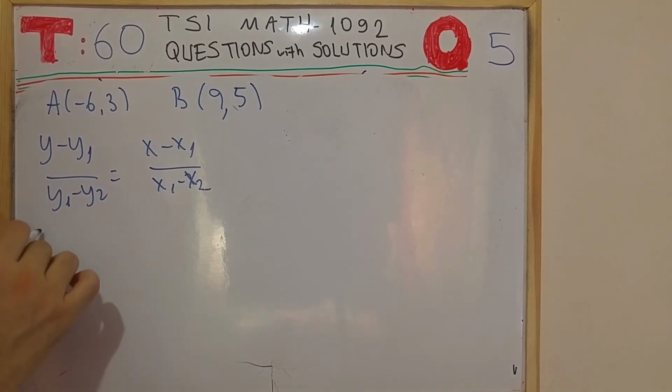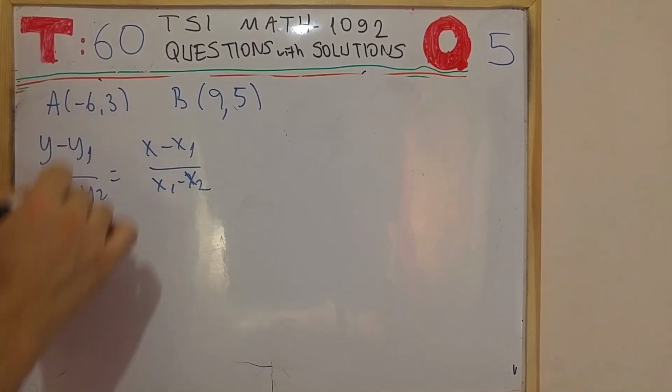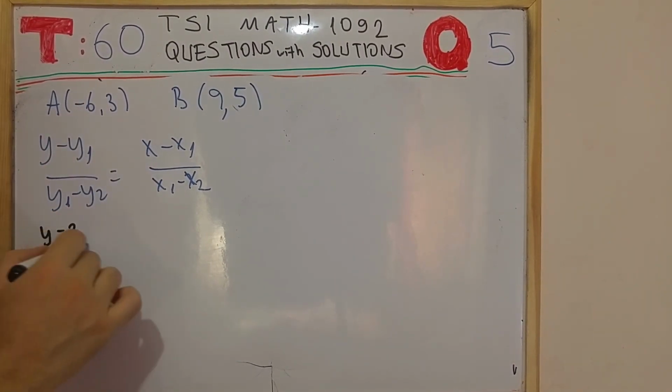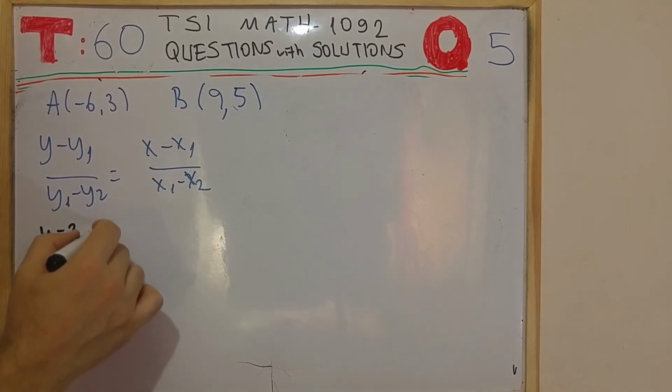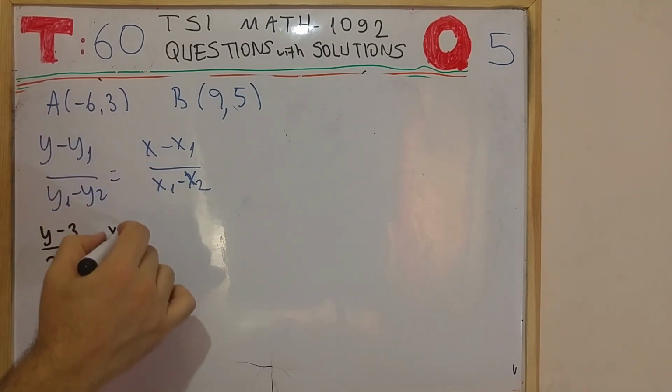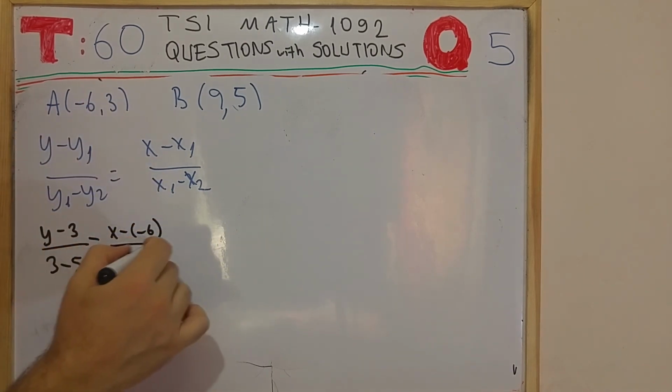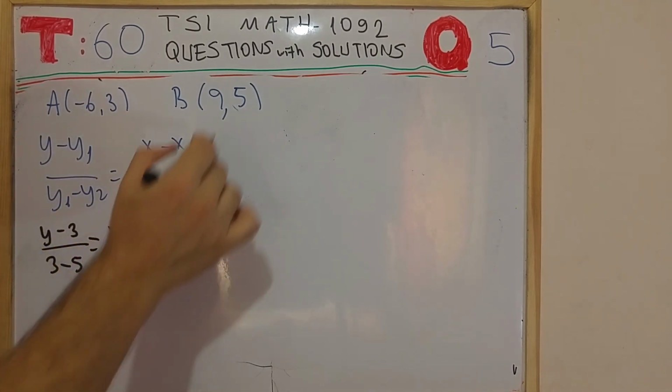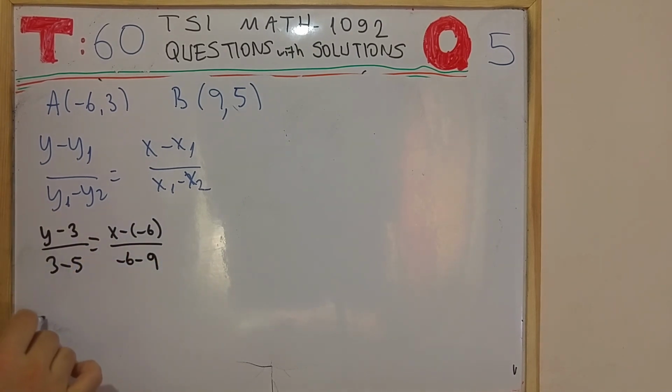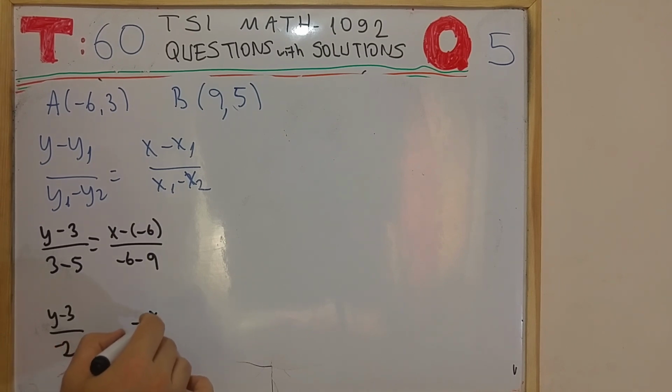Let's do it. (y minus 3) over (3 minus 5) is equal to (x minus 6) over (minus 6 minus 9). So (y minus 3) over minus 2 is equal to (x plus 6) over minus 15.